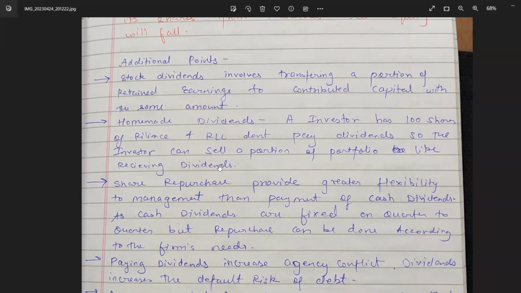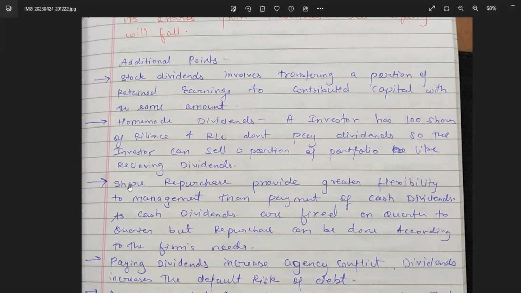If shares can be bought and sold in very small quantities, like 0.10 or 0.20 of a share, investors who don't want a dividend as monthly income can sell a percentage of their shares. That is a homemade dividend.